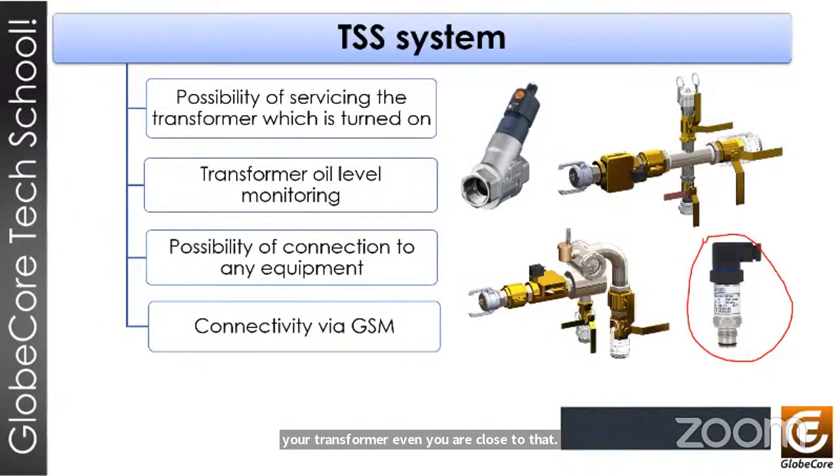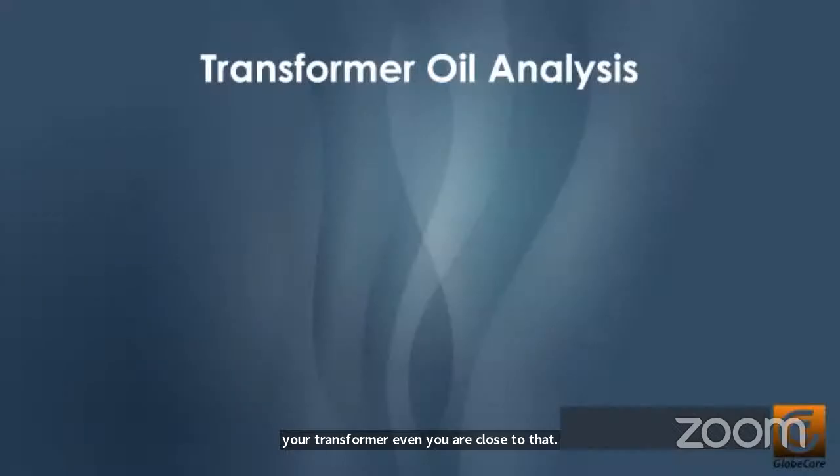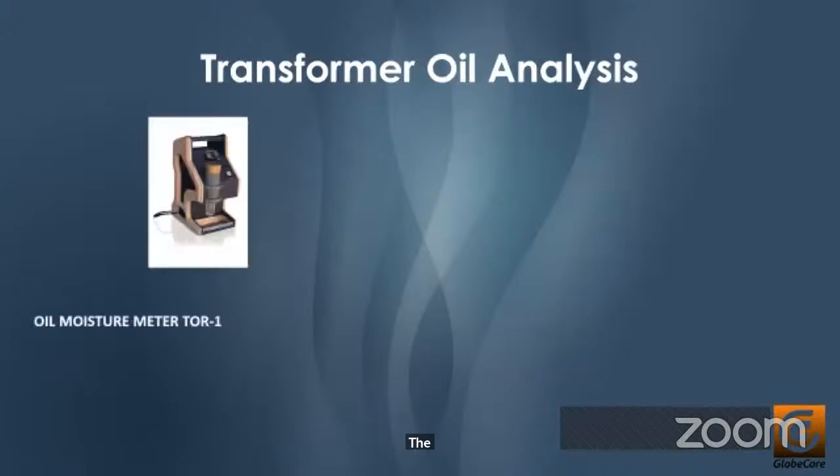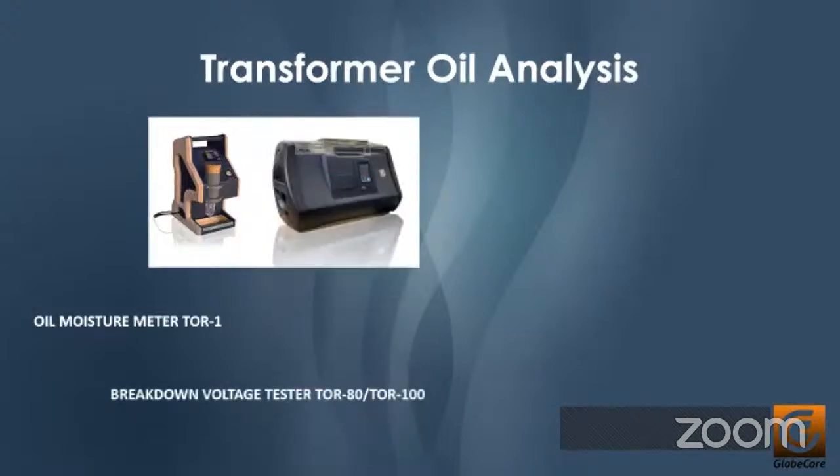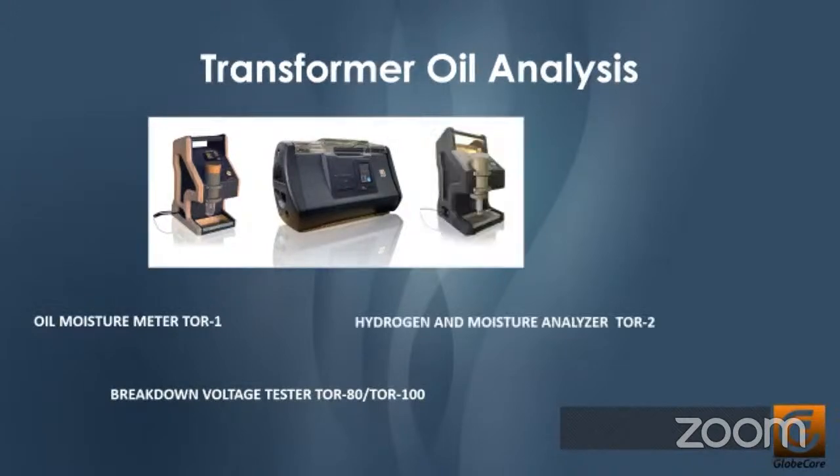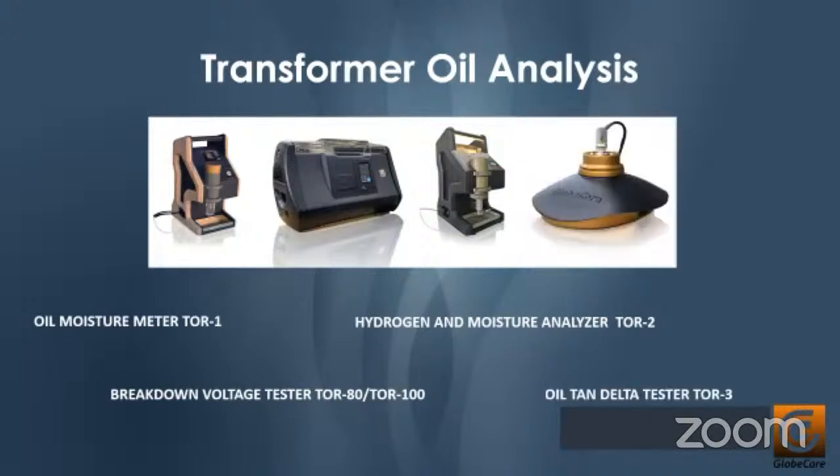the procedure. Another thing we have here is all the transformer oil analysis systems. We have different components like the oil moisture meter TOR1. We have the breakdown voltage TOR 80 and TOR 100, and the hydrogen and moisture analyzer TOR 2, and the oil tank and tan delta TOR tester TOR 3.